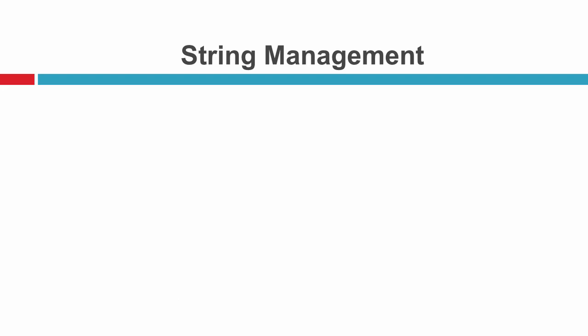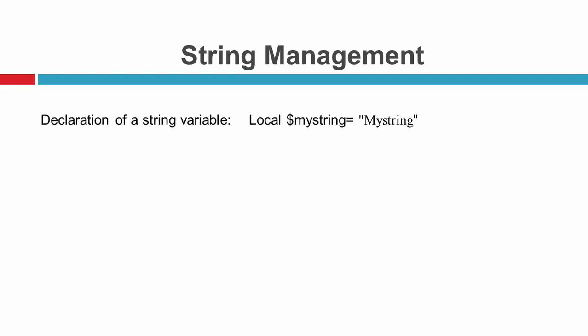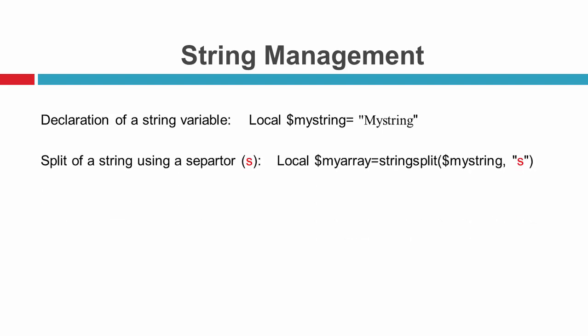So now let's see string management. To declare a string, we just declare a variable and assign a string value with double quotes. And to split a string using a separator, here for example a space, we use the function StringSplit, and we put the string, then the separator, here a space in the example.